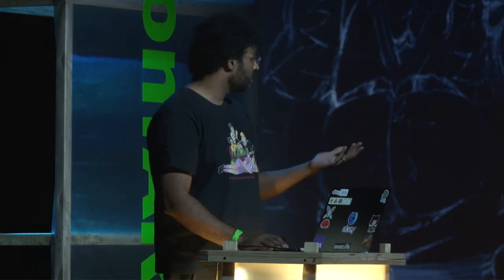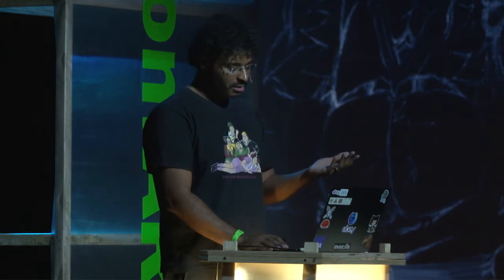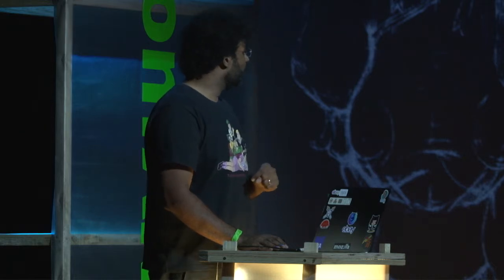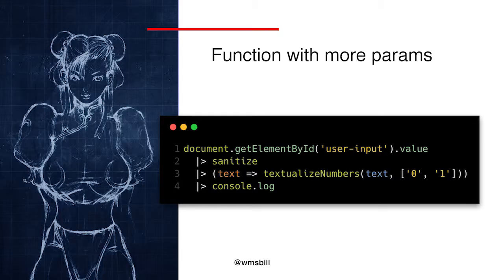So how can we do this using the pipeline operator? We can use arrow functions to achieve that. The problem is, in the minimal proposal, we have a small syntax overhead because we need to wrap the arrow function with parentheses.